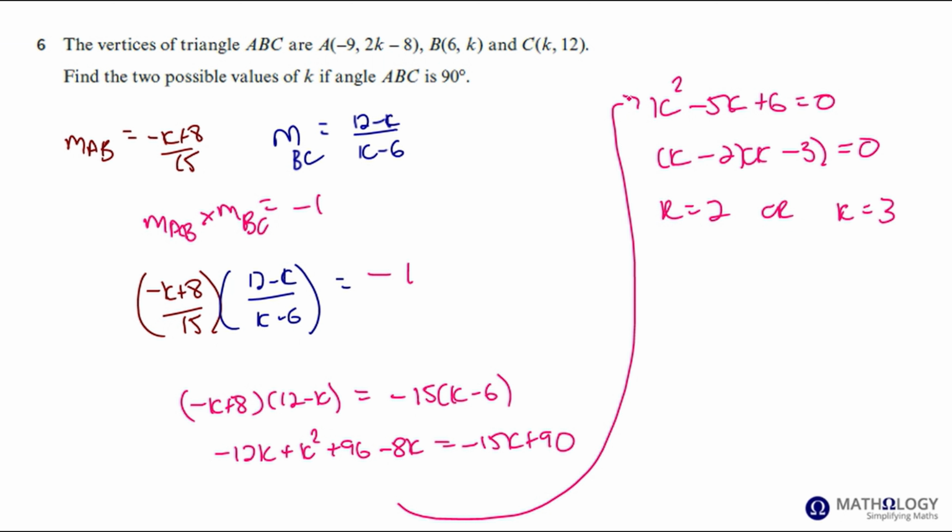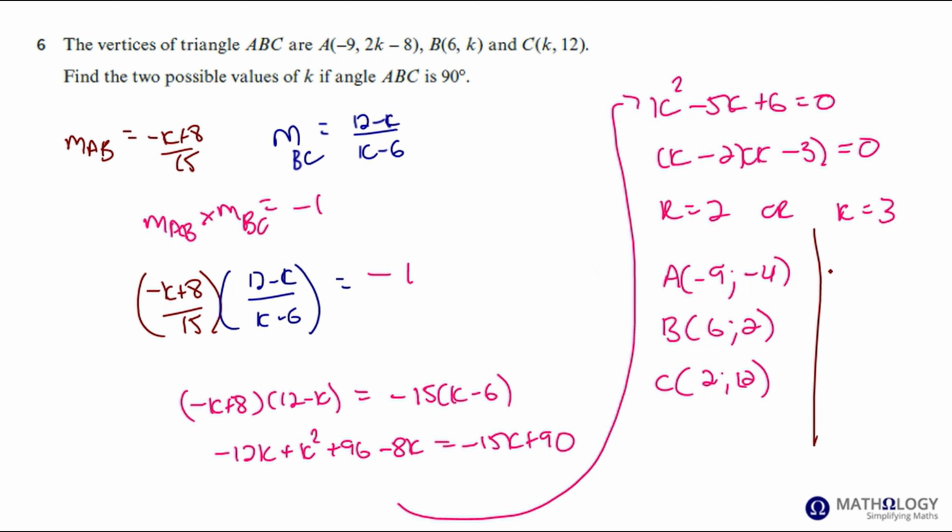This is not required, but it would be nice if you could sketch a rough diagram to show that angle ABC is 90 degrees. A is the point (-9, ...). If k equals 2, we have 2 times 2 is 4, minus 8 is -4. B for this value of k will be (6, 2), and C will be (2, 12).